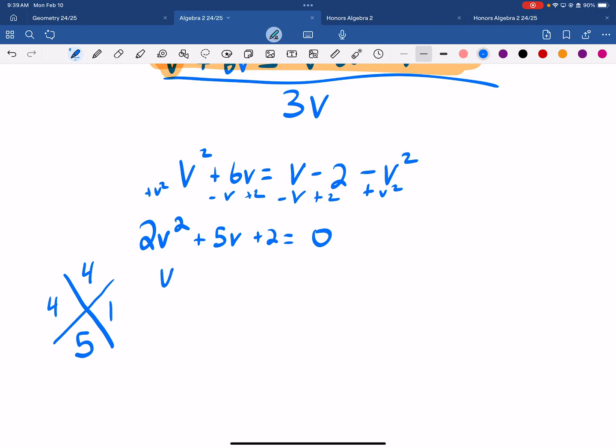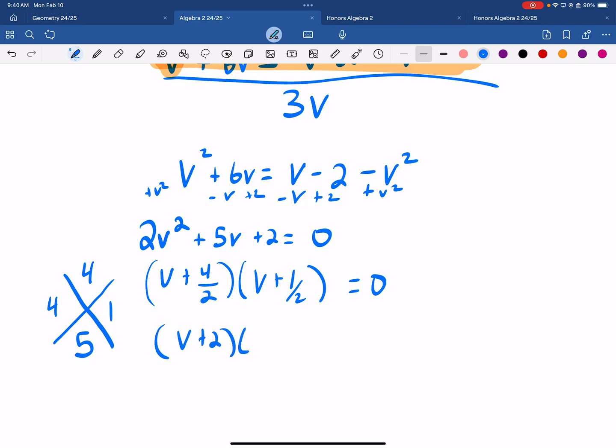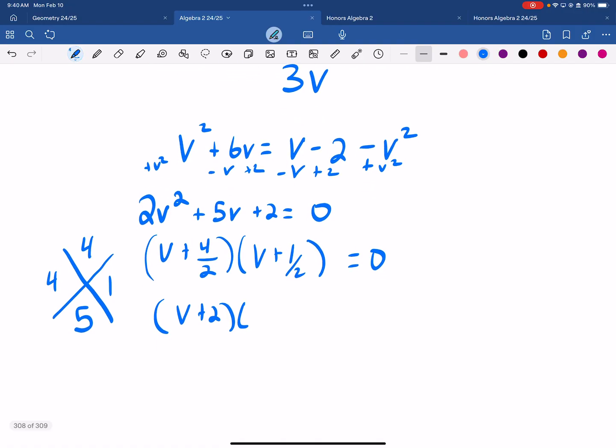So now we've got v plus 4, but we have to divide by 2 because our a value is 2. And then v plus 1, but again, we have to divide by 2. 4 divided by 2 is 2, so that's v plus 2. V plus 1 half. 1 half doesn't reduce. That becomes 2v plus 1 equals 0.